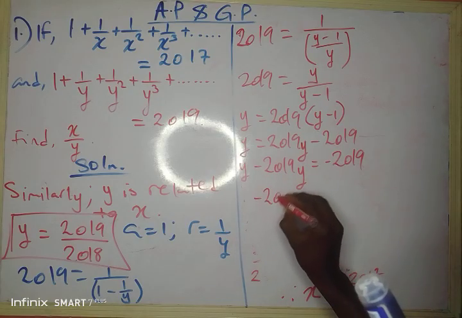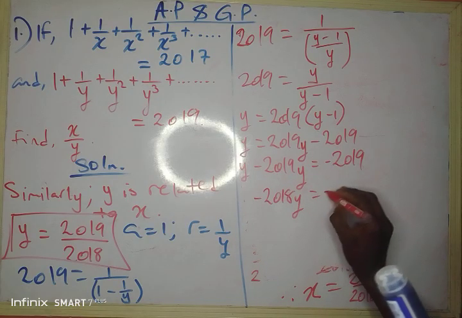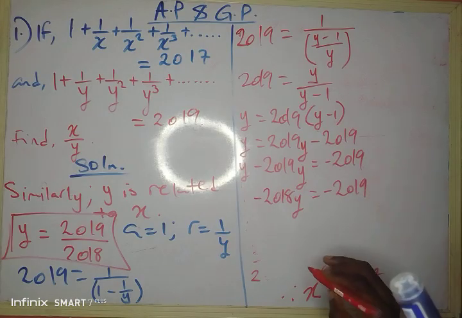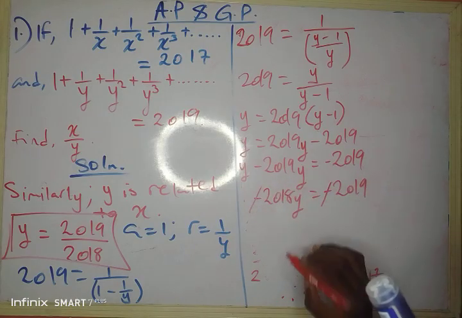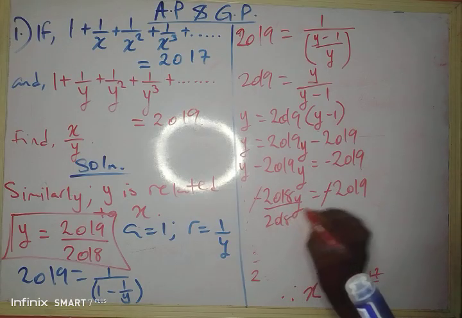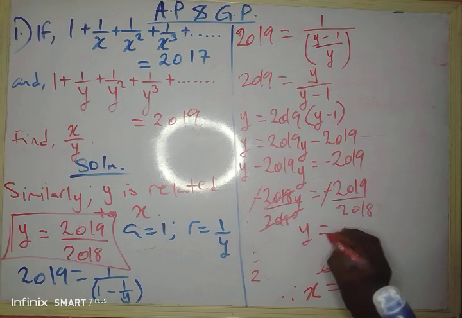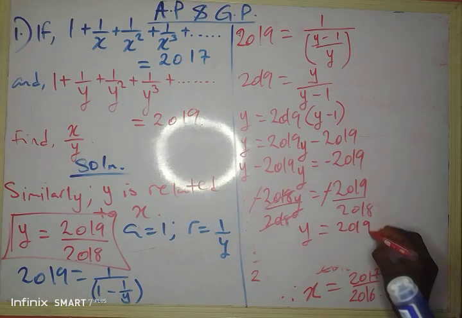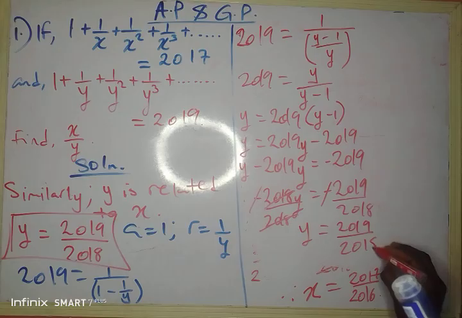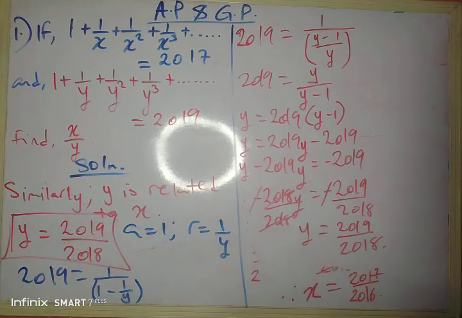Minus cancels minus, divide by 2018. Then y equals 2019 over 2018, the same value as what we have here, 2019 divided by 2018.